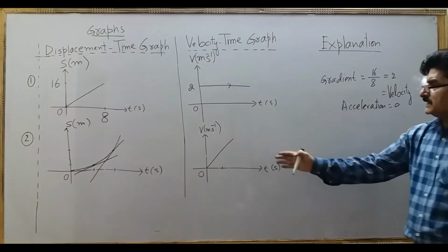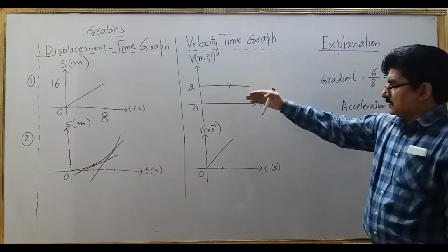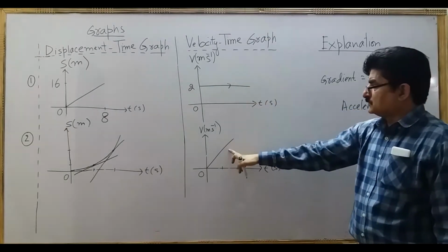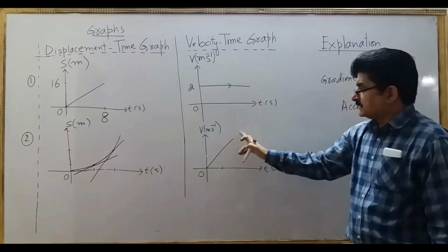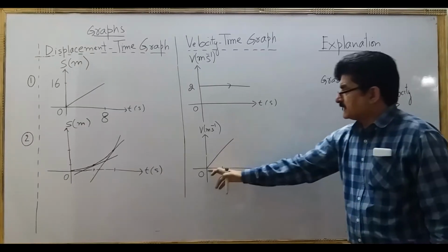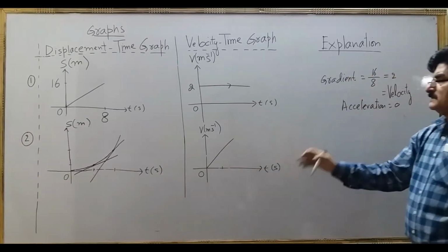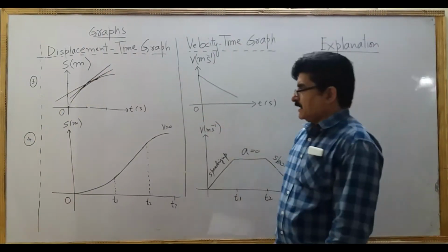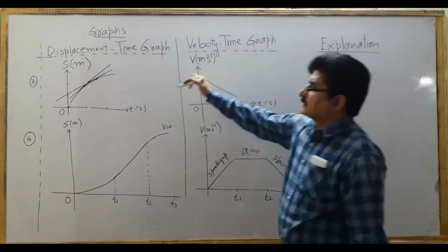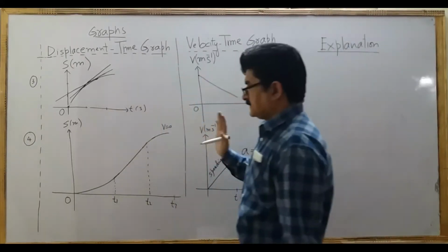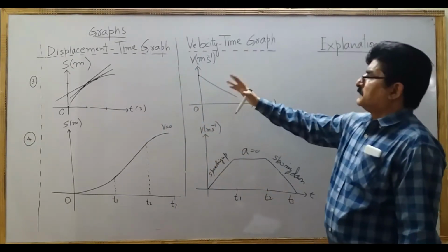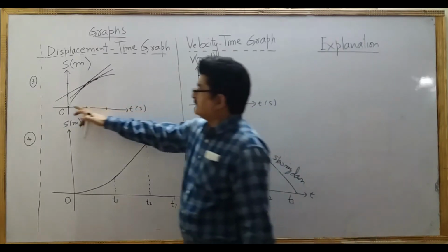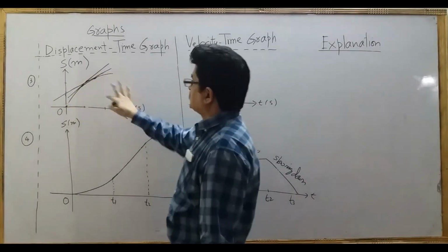So acceleration is constant, which is equal to the gradient of this line. So if we can find the gradient of this line, that will be the acceleration. Graph number 3. See the situation here. The body is moving with again constant acceleration, but the graph is curved and it is concave down.